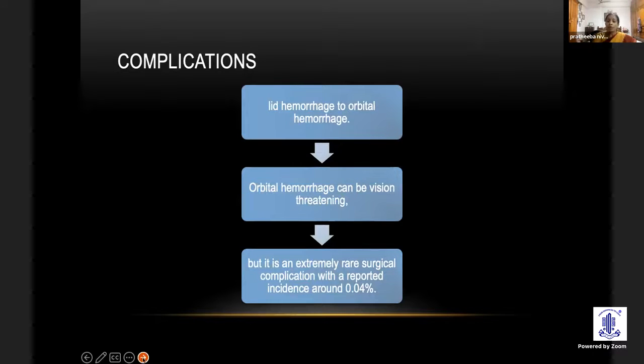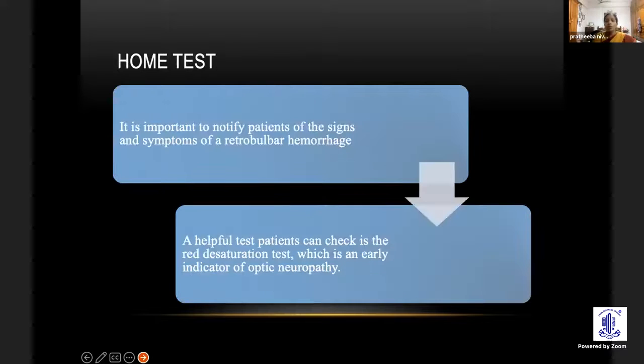So these things should be inquired about and stopped, and clearance obtained accordingly. In patients who are on chronic therapy, they have to be taught about the risk of these complications and the symptoms they may develop. They should be advised to report to the emergency once they see symptoms of orbital hemorrhage, like increase in proptosis, prominent edema, or a poor red desaturation test, which is suspicious of optic neuropathy. They should report to the emergency immediately.